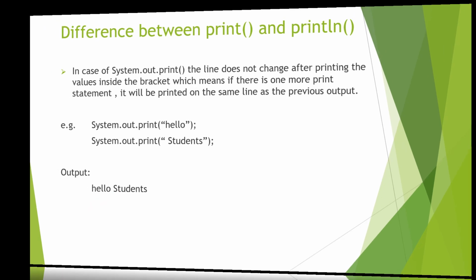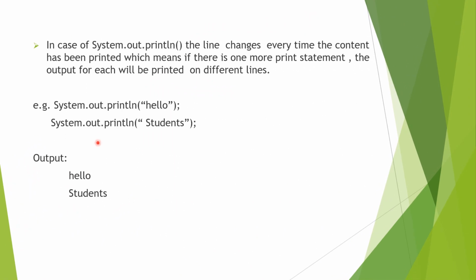Let's see. In the case of System.out.println, the line changes every time the content has been printed, which means if there is one more print statement, the output for each will be printed on different lines. Let's understand with the help of this example. System.out.println("hello").